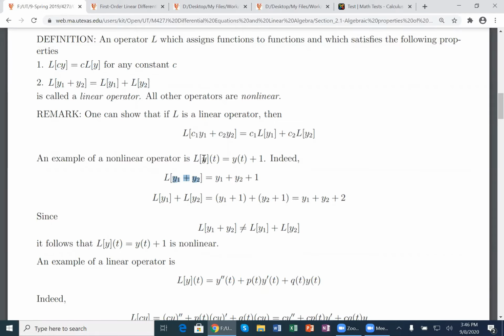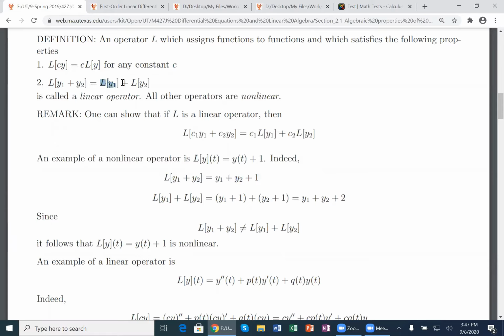Now, if we replace y here by y1 plus y2, we have to replace y here by y1 plus y2. It's exactly what is done here. So, according to what is written here, L of y1 plus y2, which is the left-hand side, is equal to y1 plus y2 plus 1.